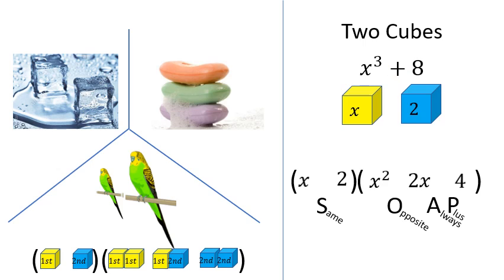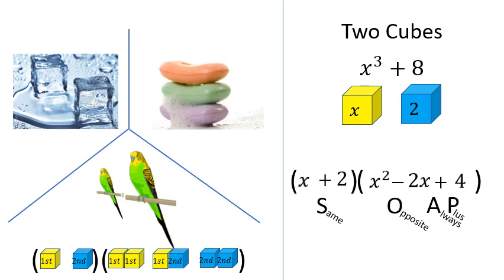So the small parentheses are going to have the same sign from the original, which is a plus sign. The opposite is our next sign after that x squared. Well, opposite from a plus is a minus, and the last one is always a plus sign. So same, opposite, always plus.